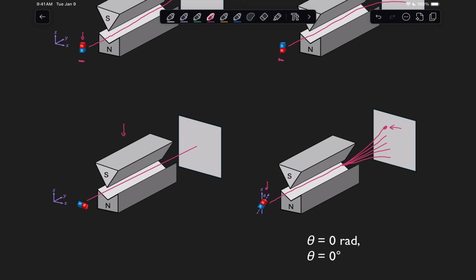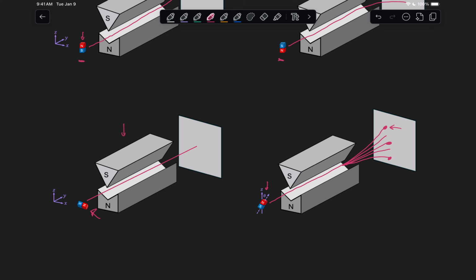For theta equal to pi, we get the minimum, and for theta equal to pi over 2, which was the one where we had the magnet in the x direction, then in that case the magnet will just travel straight, but anywhere in between the magnet will deflect at some height that is proportional to that angle.